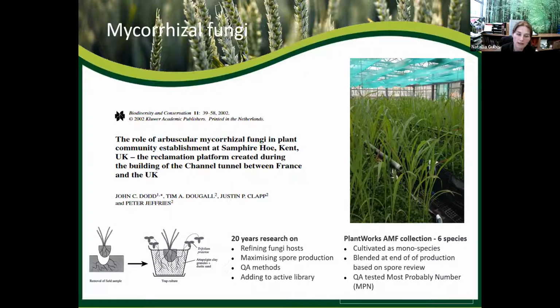Within these 20 years, we refined all our host plants, making sure that our fungi are not tuned to a specific crop type, but can colonize various crops. We made sure that our product is full of spores, because a spore is a robust propagule, and we have very good and thorough QA methods. So we make sure that everything that leaves our production has good quality mycorrhizal fungi.